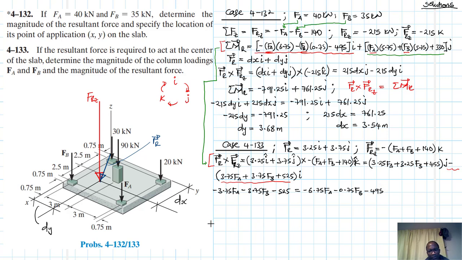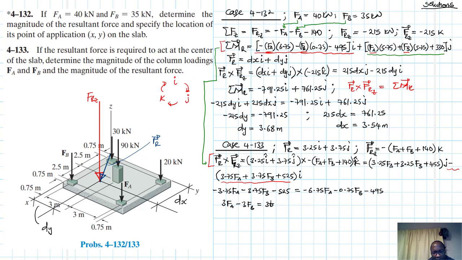So let's simplify this. So we have minus 375 plus 75, this we get a 3. So we'll have a 3 FA, and then we have minus 3.75 plus 0.75. We have a minus 3 FB. Alright, so this is equal to minus 495 plus 525.